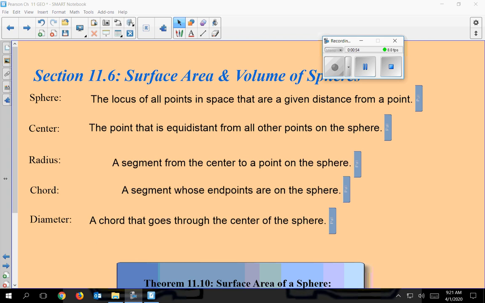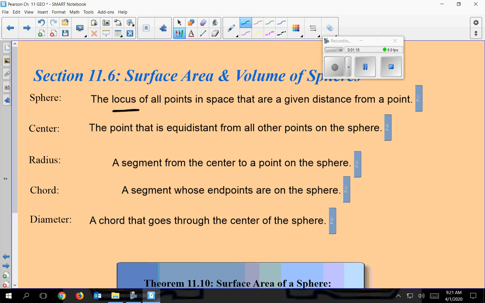Okay, so hopefully you got all those down. Couple things, some are new, some are ones that we've talked about before. The term locus here in the first definition, that's just a series of points that are in a circular shape. So a circle is really a locus of points, and so a sphere would be the same kind of thing.